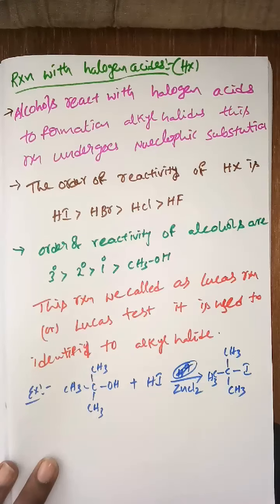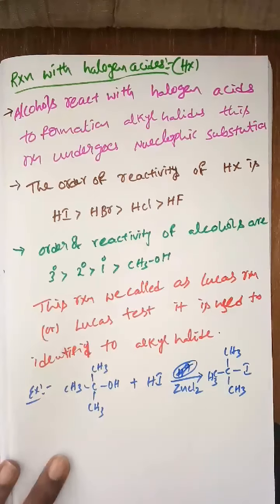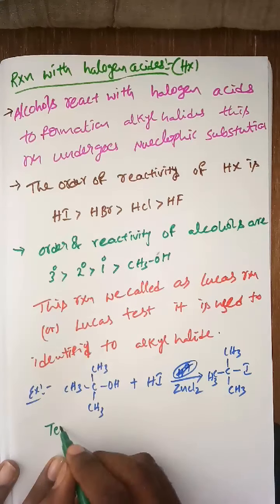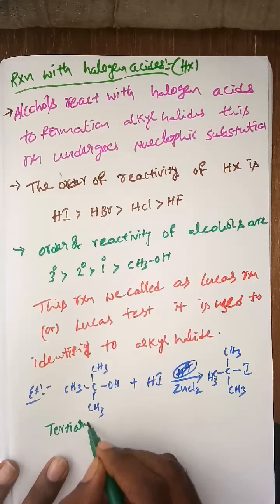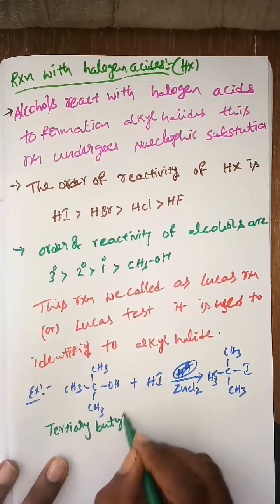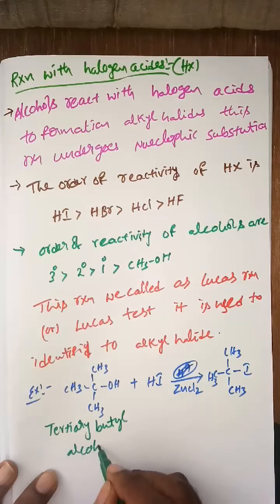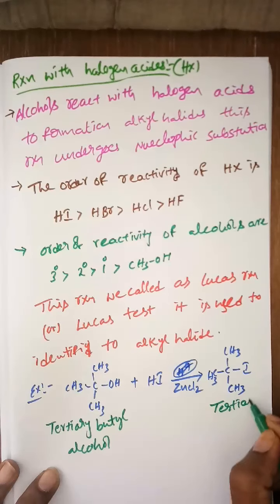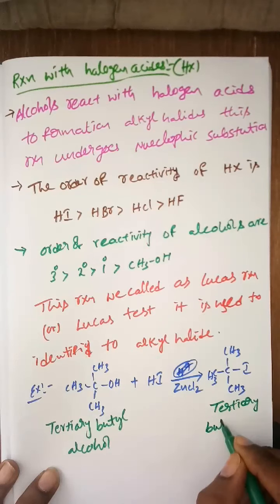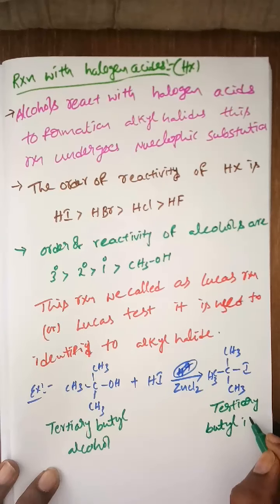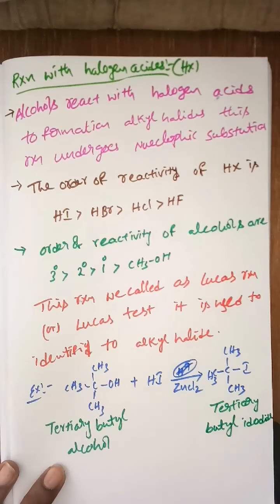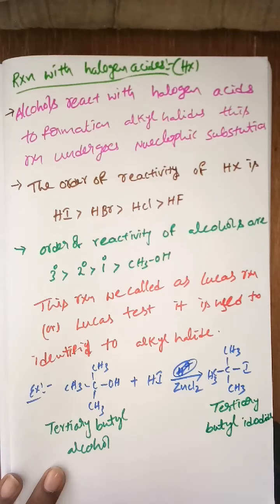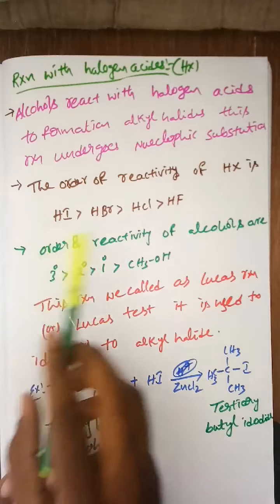The name of the compound is tertiary butyl alcohol, and the product is tertiary butyl iodide.